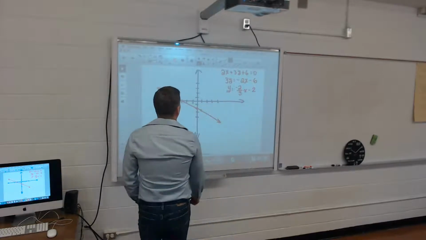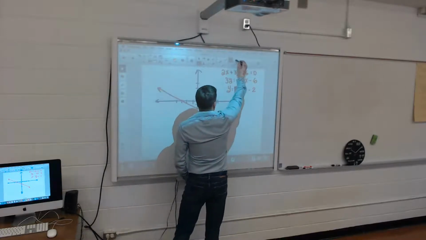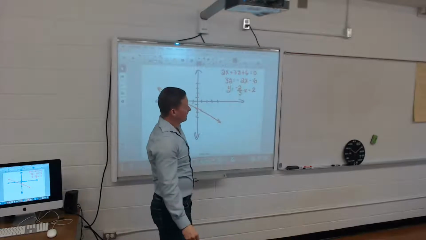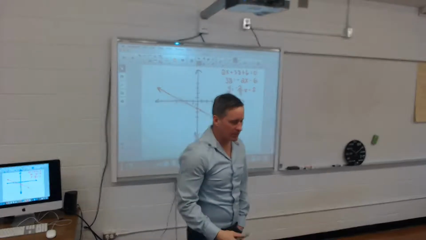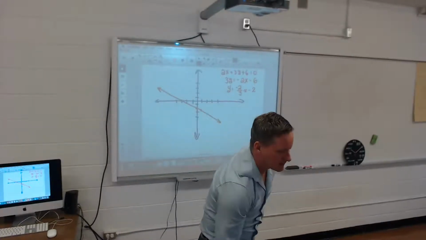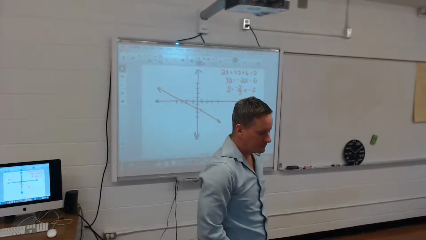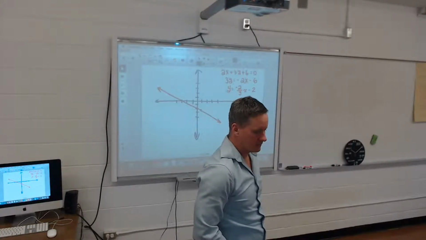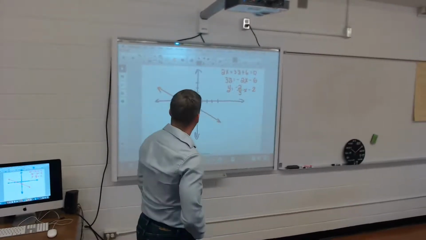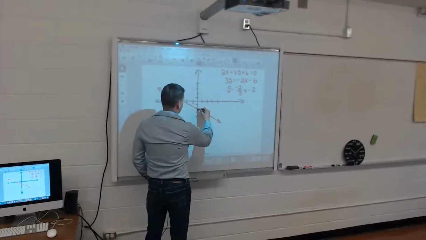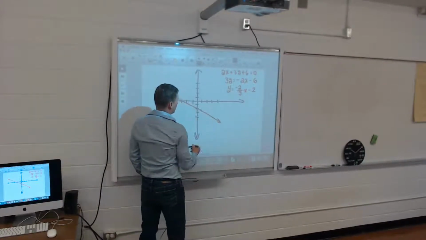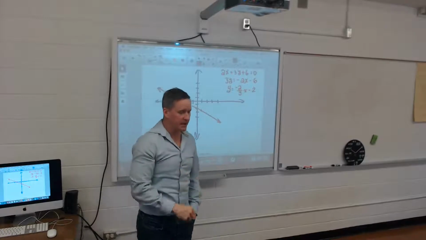All right. So now that I know that, looking at that equation right now, girls, what's the y-intercept? -2. -2. So I go to 0 and -2, which is right here. And then what does my slope tell me to do?